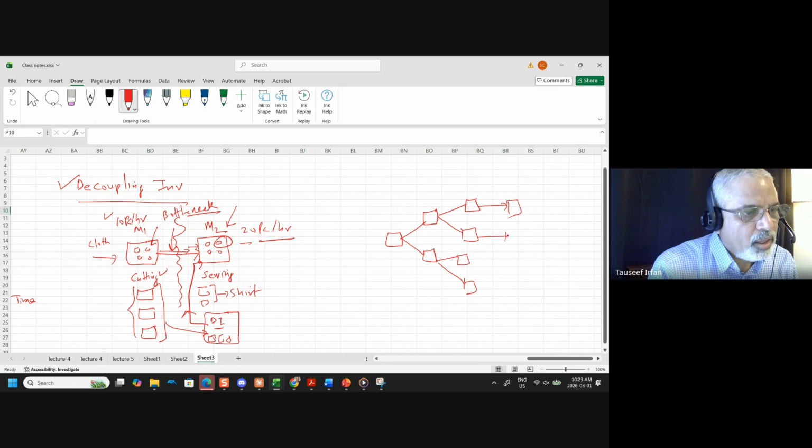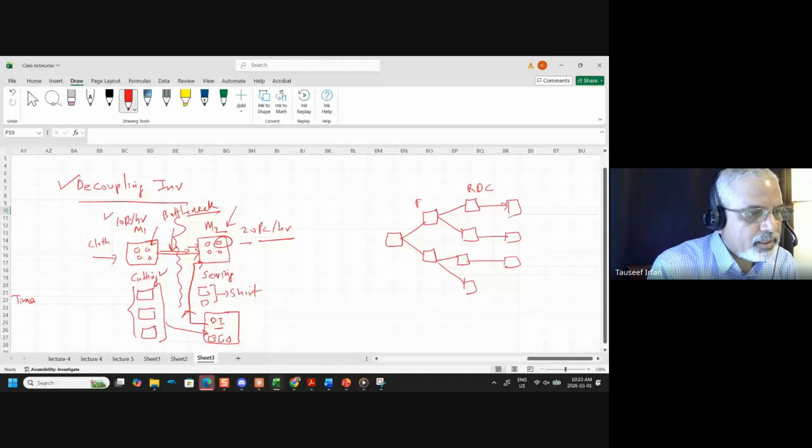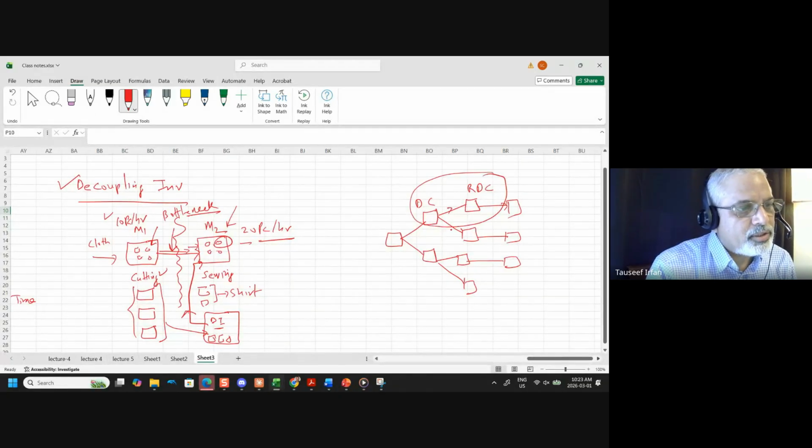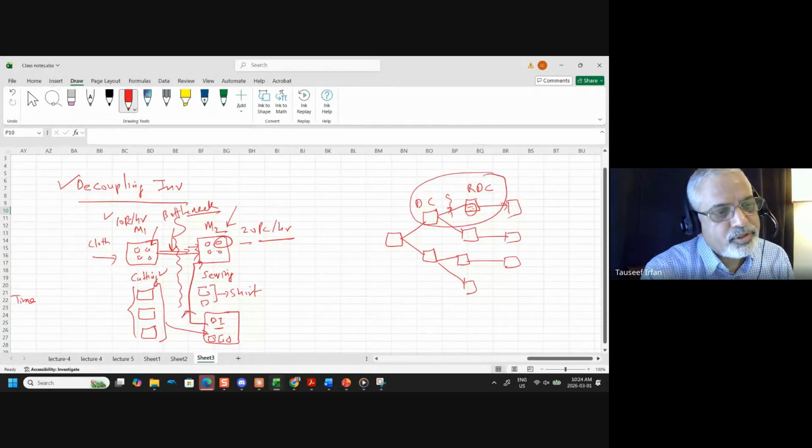Now they are trying to say, from this regional distribution center to the central distribution center, let's decouple this part. Same concept. Keep some extra stock so that it does not impact this dependency much more.